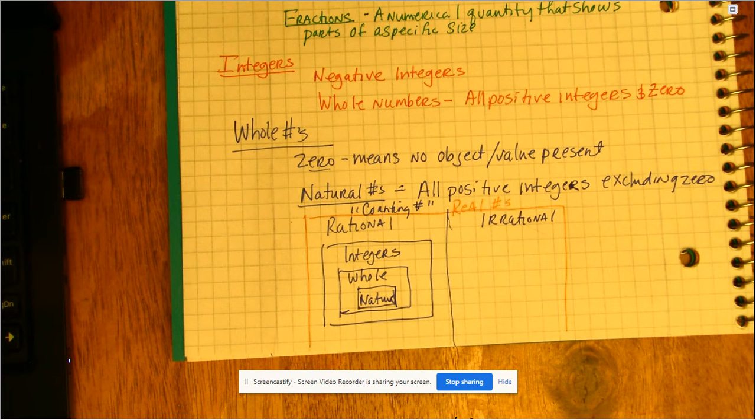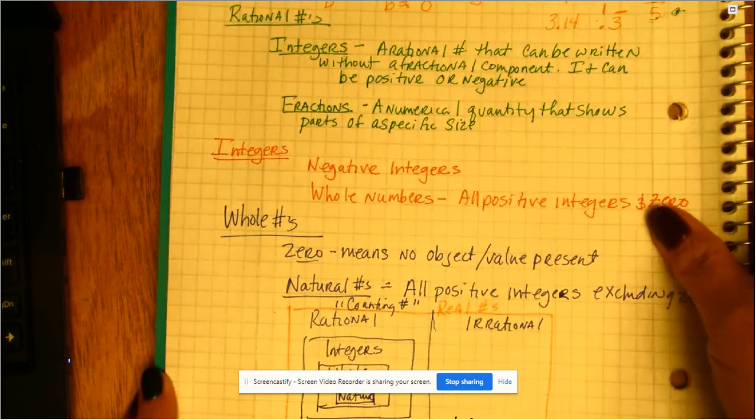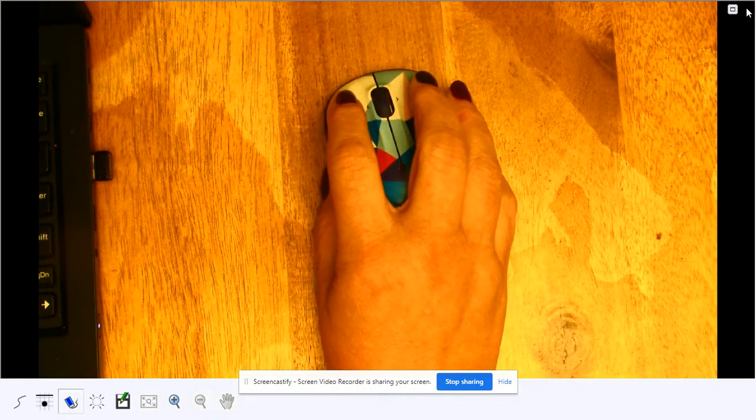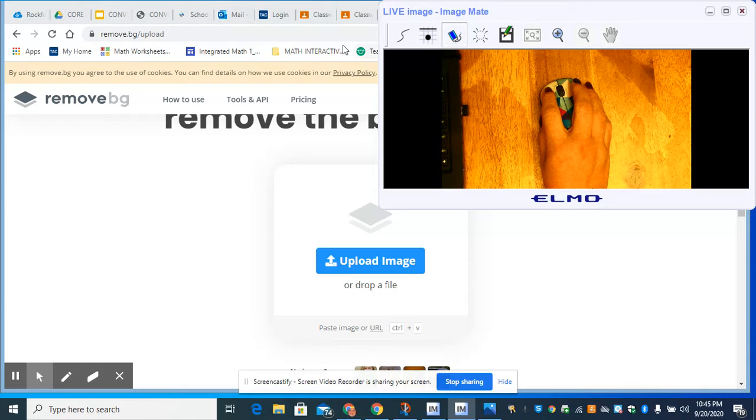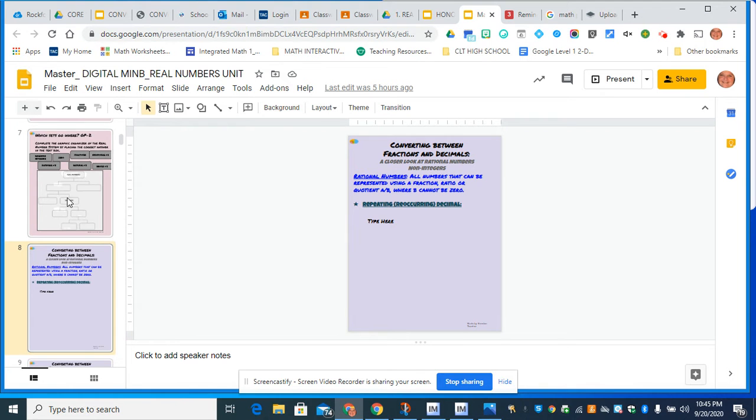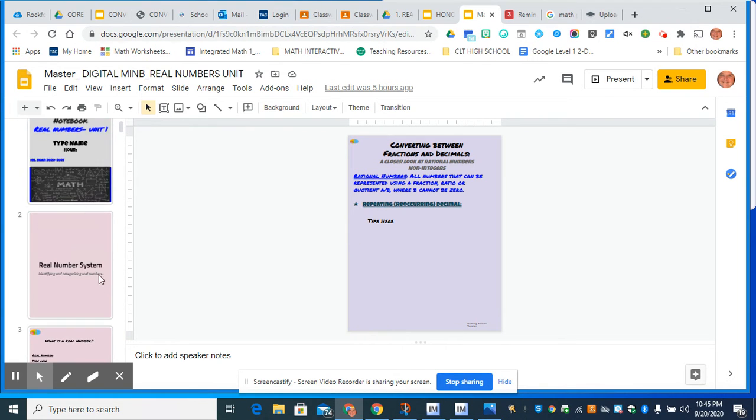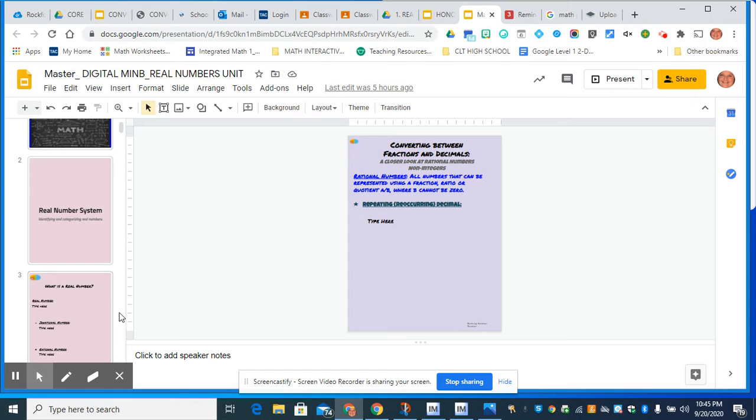So after this, what you would like to do is you can either type this information into your digital notebook, or you can snap pictures of the different parts and insert the pictures into your digital notebook as well. There's also some additional guided practice problems that you need to do in there. So I'm going to go ahead and show you that really quick. So if we go back to your math interactive notebook, we've just taken the notes that occur on slide 3.